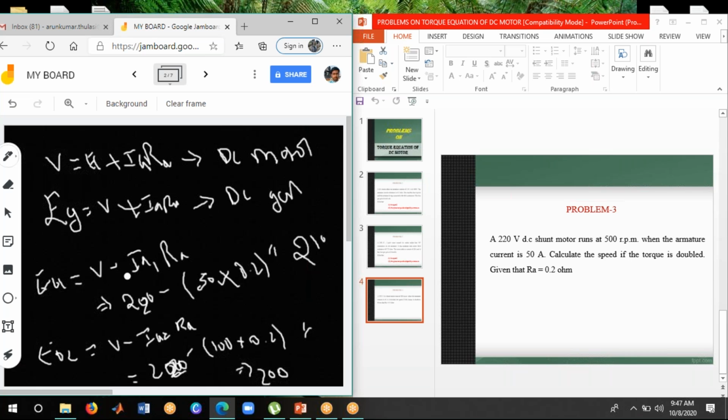So here V is 220, the supply voltage. 220 minus 50 into 0.2, you will get 210. Similarly, 220 minus 100 into 0.2, you will get 200.